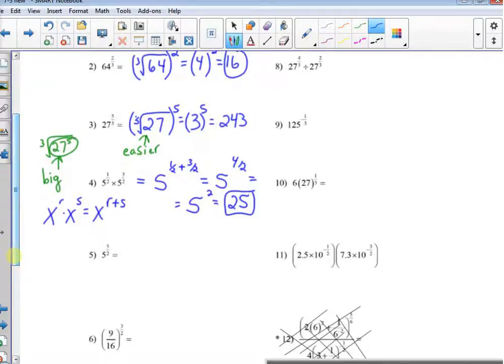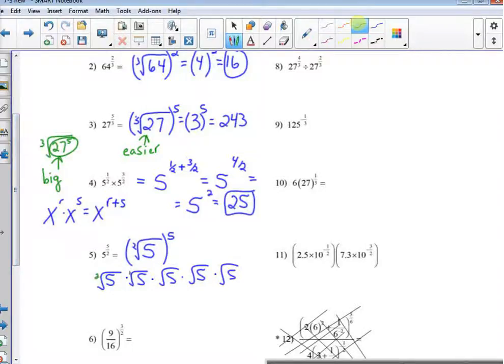Number 5 is 5 to the 5/2. Okay, so this one, I'm going to again put the 5, the root is 2, the power is 5, on the outside. Now, there is no square root of 5, but if we multiply square root of 5 times itself, you can keep the little 2 root there, or you can put it in if you really want.